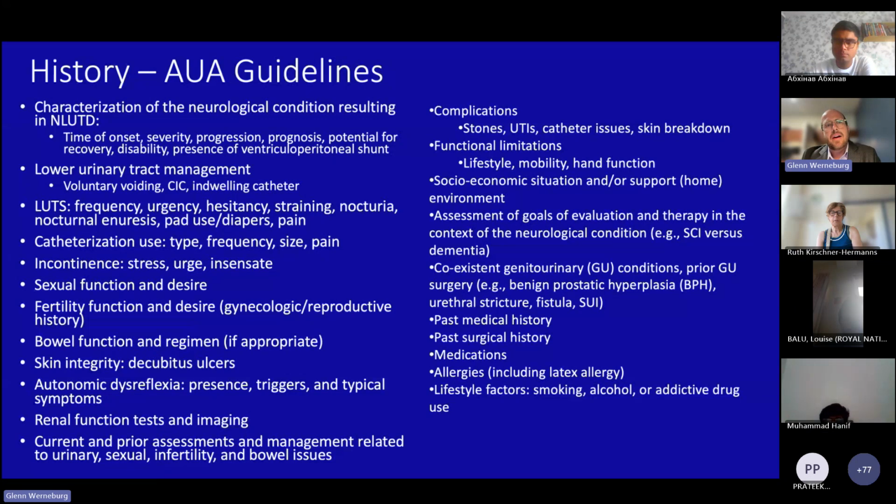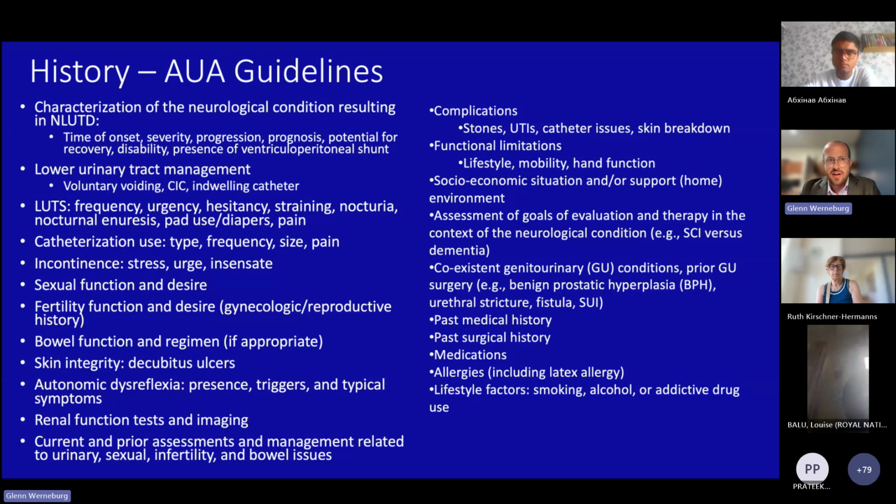So we want to characterize their neurologic condition that's resulting in their NLUTD. Stands for neurogenic lower urinary tract dysfunction. I'm sure you've gone over that in prior lectures, but just for practicality's sake, neurogenic lower urinary tract dysfunction was formerly known as neurogenic bladder. So we've moved towards NLUTD.